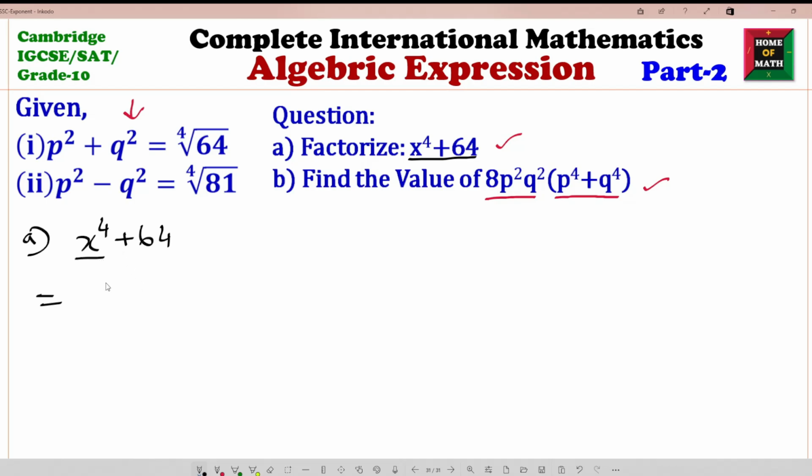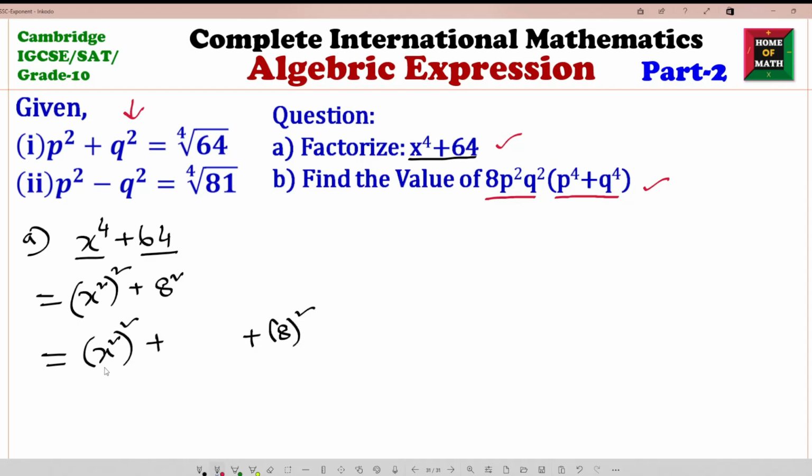Here is x to the power 4; we can write x square to the power square plus 64. We can write 8 square, it means 64, but we cannot do anything for factorization yet, but we can write it like this: x square whole square plus 8 square.